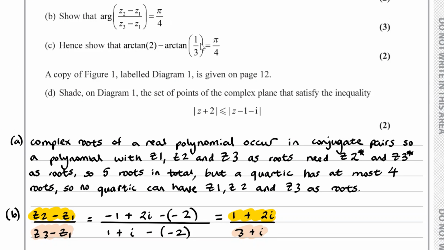And now for part D of the question, a copy of figure 1 labelled diagram 1 is given on page 12. We have to shade on the diagram the set of points of the complex plane that satisfy the inequality, the modulus of z plus 2 being less than or equal to the mod of z minus 1 minus i.